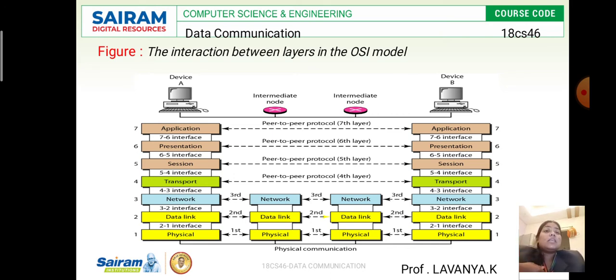So what are the physical characteristics of the interface or medium? The interface or medium is nothing but what they use in the form of cables, or a channel, or a dedicated link or path. This is what the interface or medium is. Then the second one is the representation of the bits.